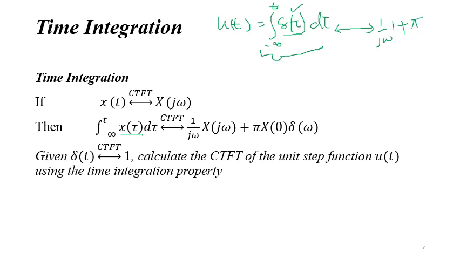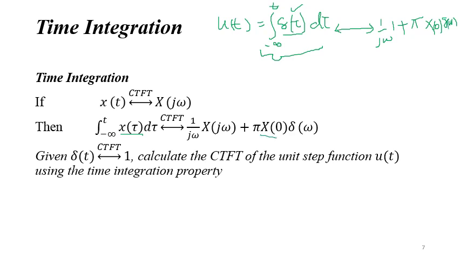So what is the value of x of 0? Let me write here x of 0 times the impulse in the frequency domain. So what is the value of x of 0?